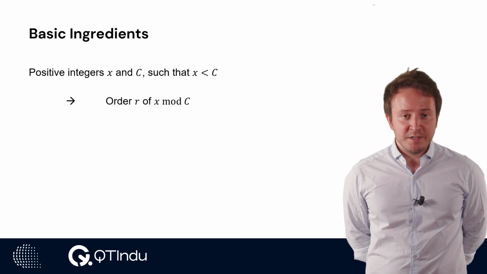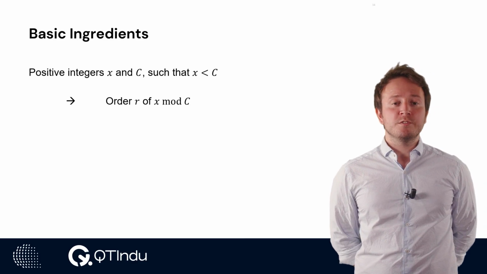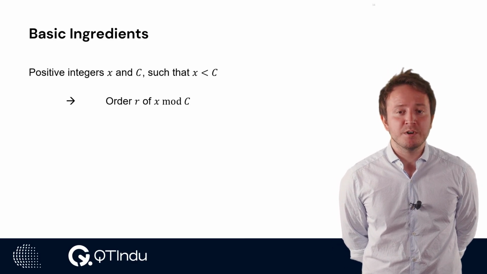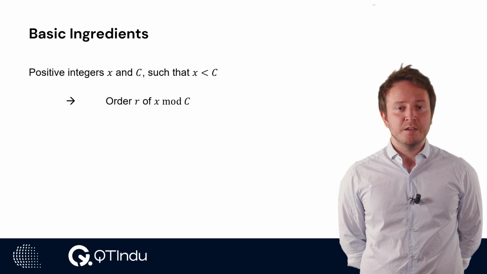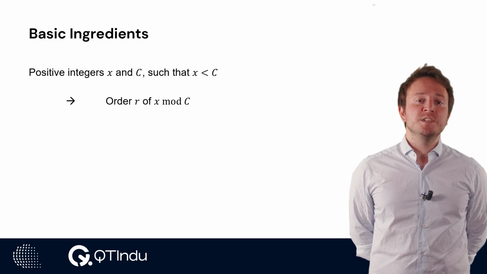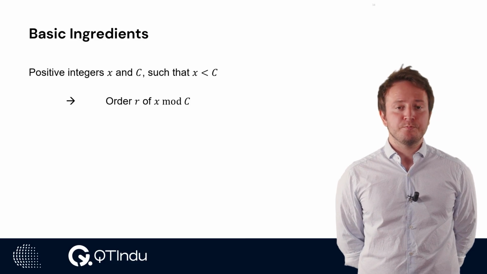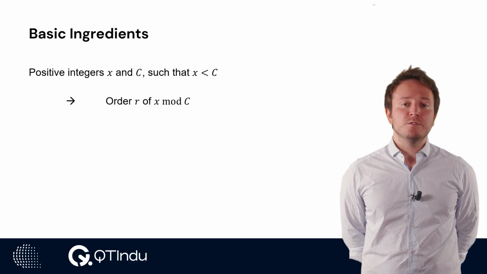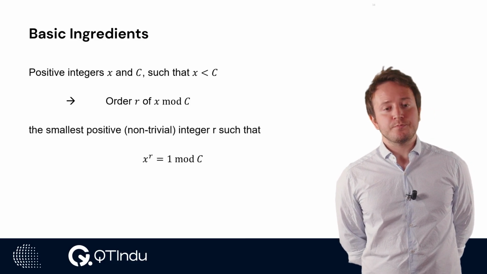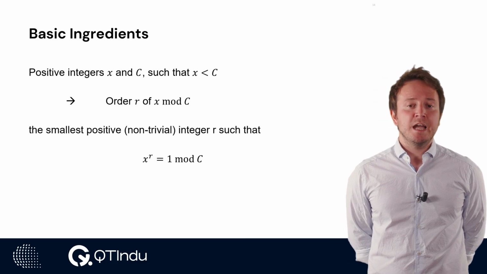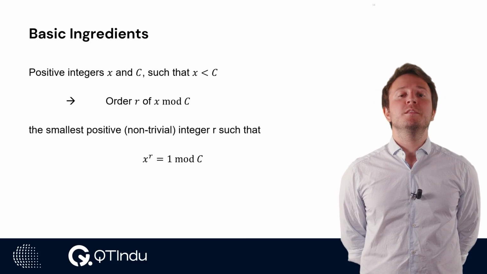Another very important ingredient that we will need to introduce for Shor's algorithm is the order of a number modulo another number. Let's take two positive integers, x and c, such that x is lower than c. The order r of x modulo c is the smallest positive non-trivial integer such that x to the power r is equal to 1 modulo c.